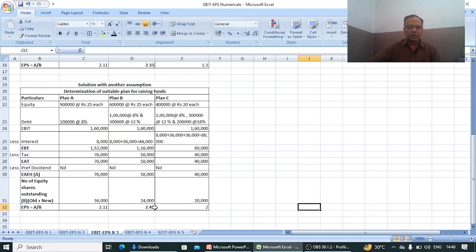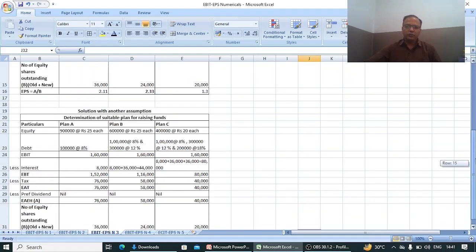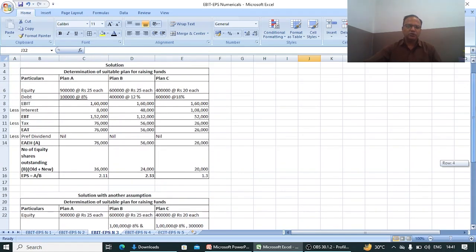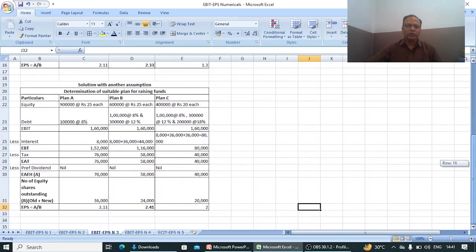Again, plan B is better, but there is a change in calculation. So now it's on you which method or which assumption you want to follow. I have solved the problem with both the assumptions.